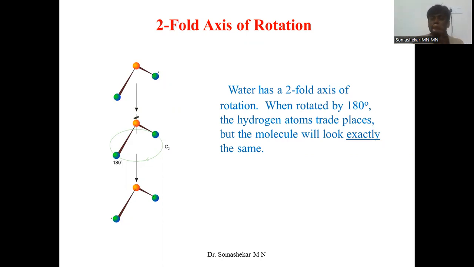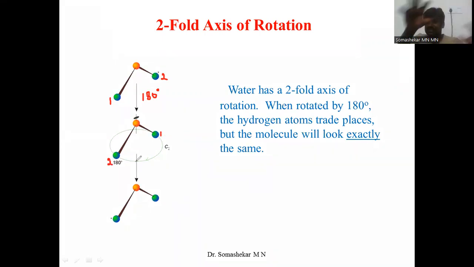I am numbering the hydrogens as hydrogen 1 and hydrogen 2, since there are two hydrogens in the water molecule. After rotating 180 degrees, hydrogen 1 goes to the second position and hydrogen 2 comes to the first.